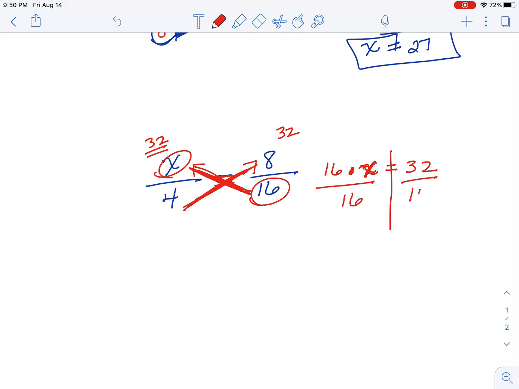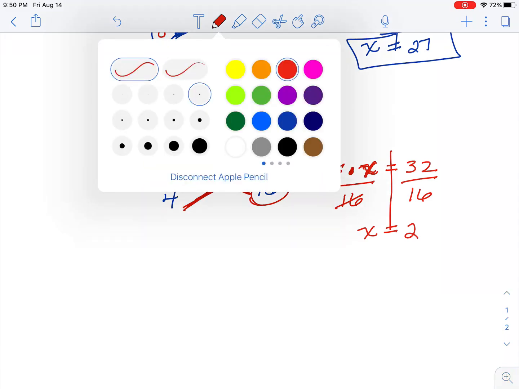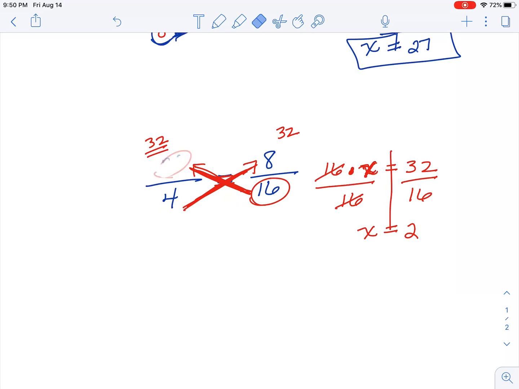Whatever I do to one side, I have to do to the other. These cancel out. Got that x by itself. 32 divided by 16 is 2. So this missing number up here, I could take out that x and put in a 2 because that's what x equaled.